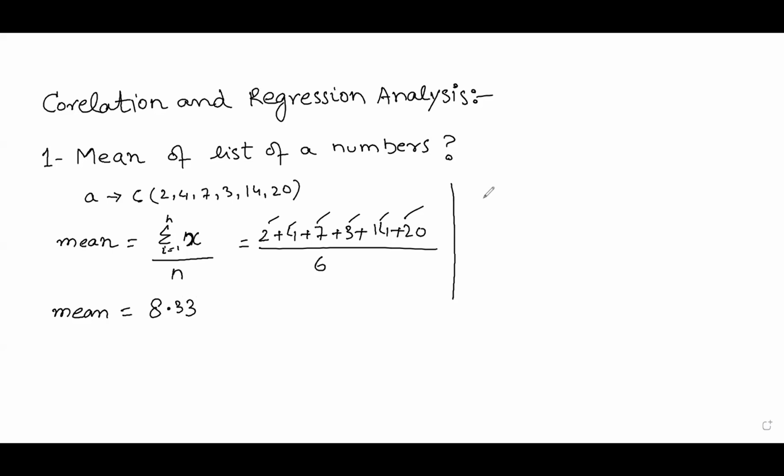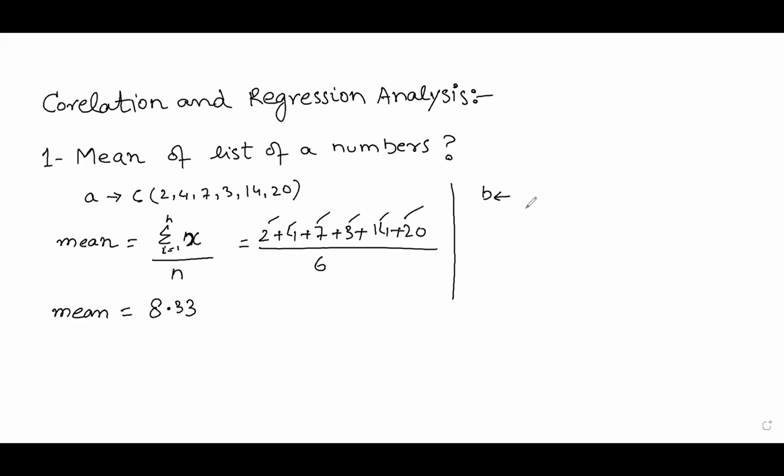Let's say I have another list of numbers. Whenever I say list or a vector, it's the same thing, right? So let's say I have another vector b. In R we write in another way.